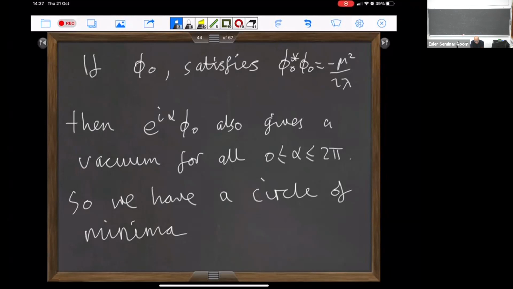Which means that we actually have a circle, a whole circle's worth of minima in this case.